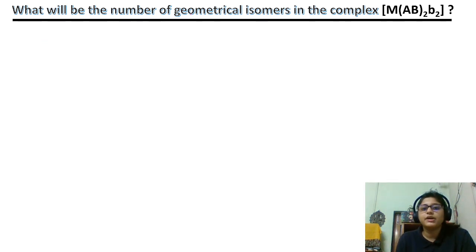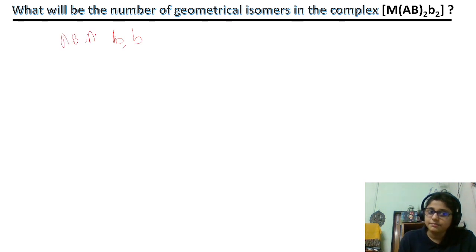Coming to a question: what will be the number of geometrical isomers in the complex AB2, B2? The AB ligand is here, which is bidentate, and two other B ligands are there. So 2B and AB, AB.